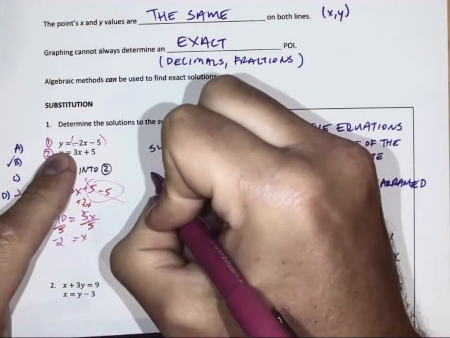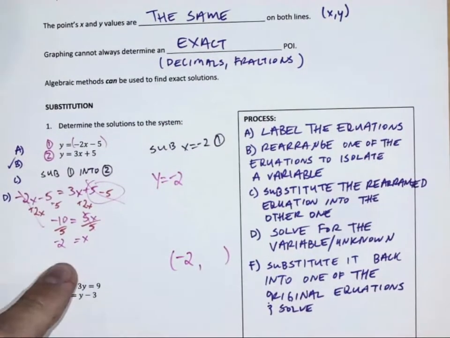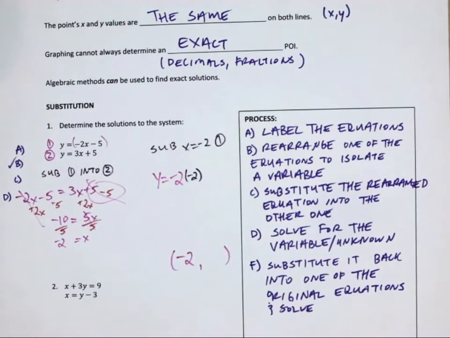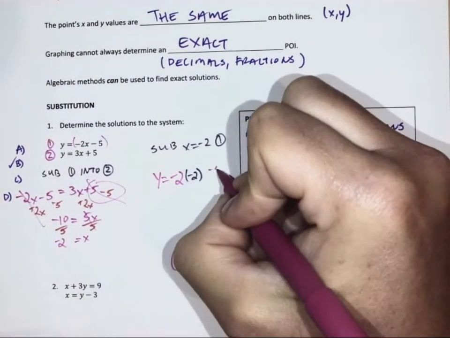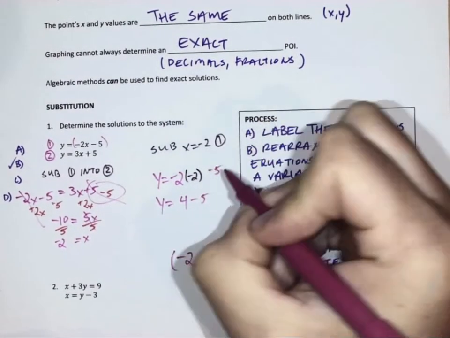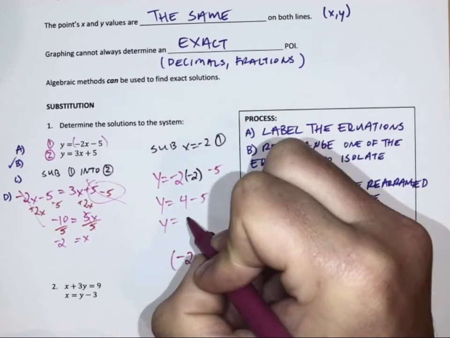So y equals, everywhere I see x, I'm going to put what x was worth. -2 times -2 is +4. 4 take away 5 is -1.